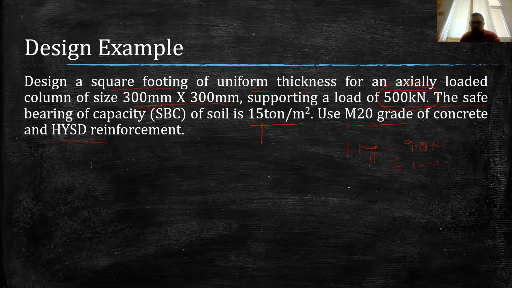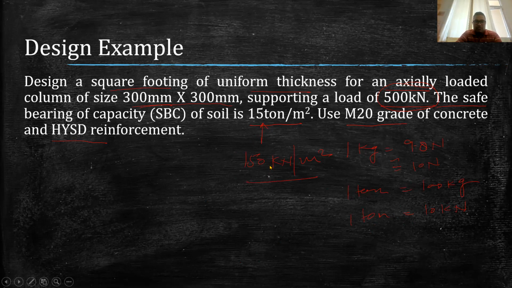So we know that 1 ton is equal to 1000 kg. So with this conversion, we can say that 1 ton will be equivalent to 10 kilonewton. So ultimately, the safe bearing capacity of the soil is given here as 150 kilonewton per meter square. So that is the soil bearing capacity in terms of kilonewton per meter square.